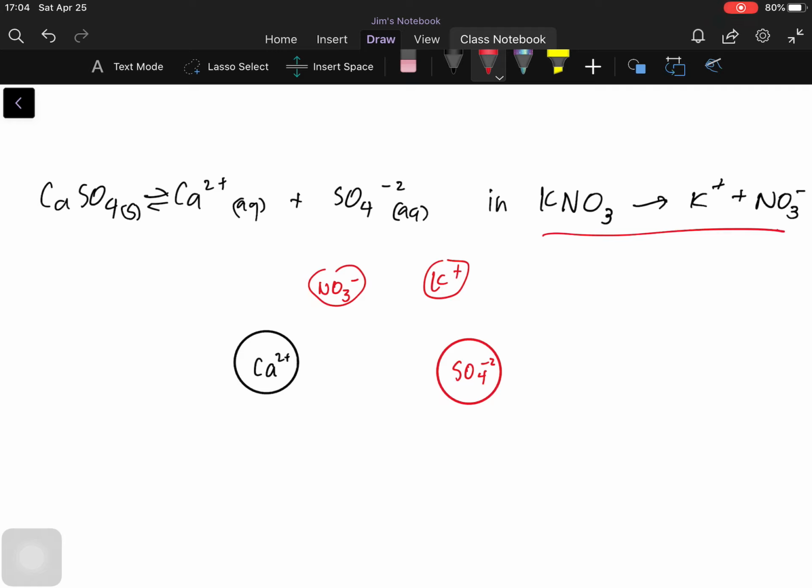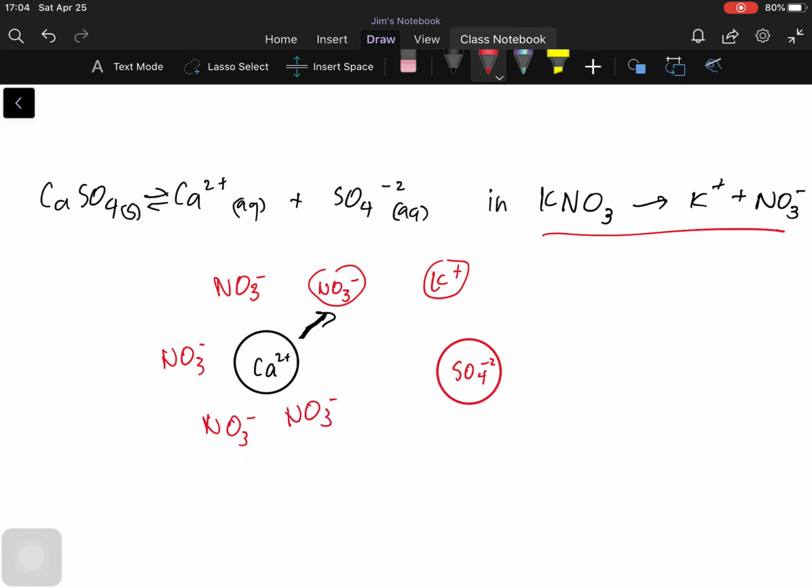What happens is that instead of these two connecting to form the precipitate, diverse ions actually block them from recombining. So the idea is that instead of calcium being attracted to sulfate, calcium becomes more attracted to nitrate ions, because nitrate ions flood the surroundings of the calcium ion.